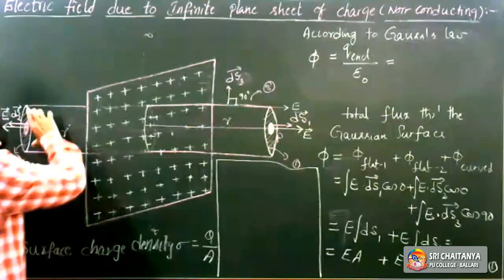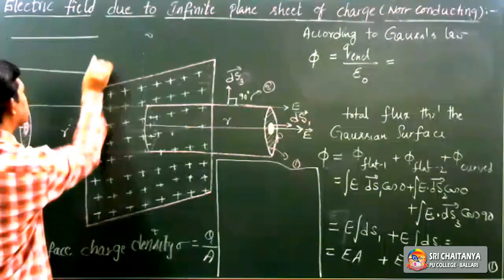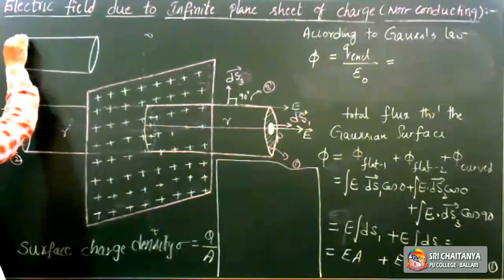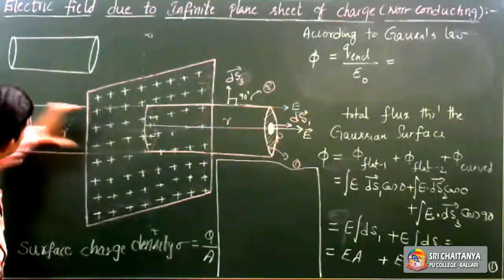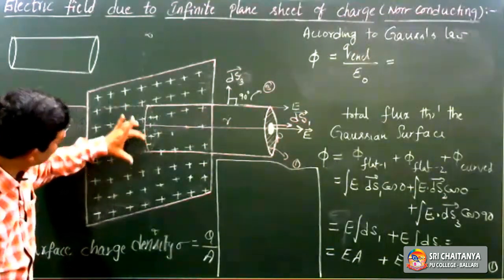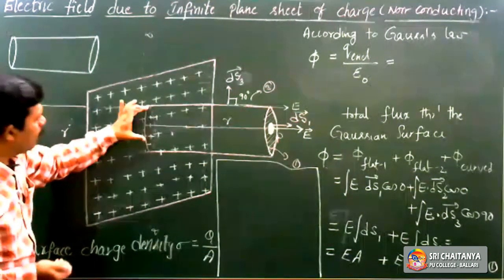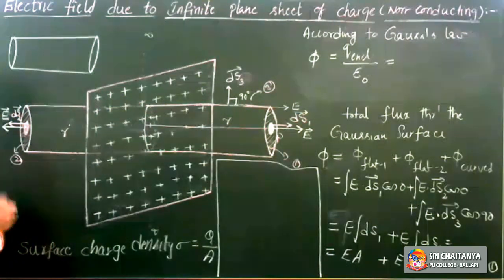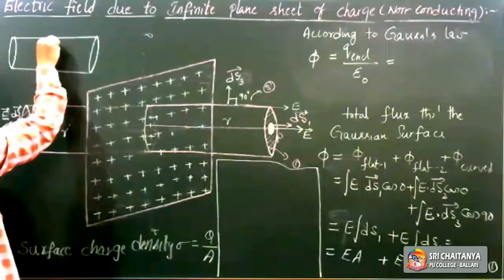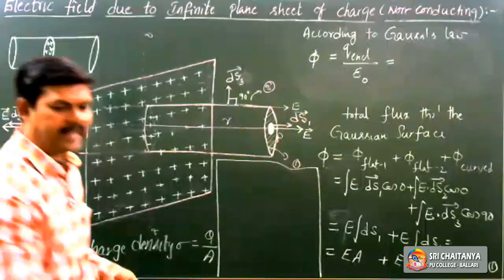See here, in this Gaussian surface, I am drawing it like this. This is the Gaussian surface I considered. What is the charge enclosed? In this Gaussian surface, only this portion of charge is enclosed, everything outside of it is not, because it is a sheet.